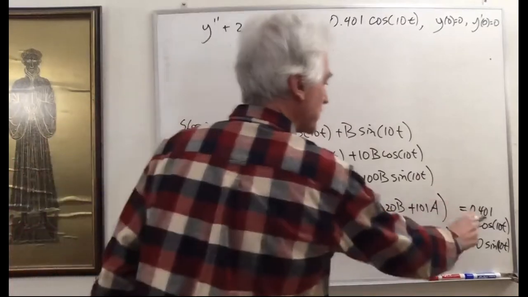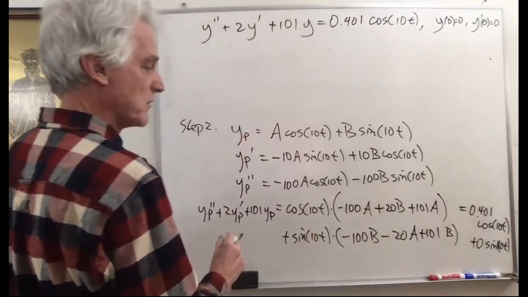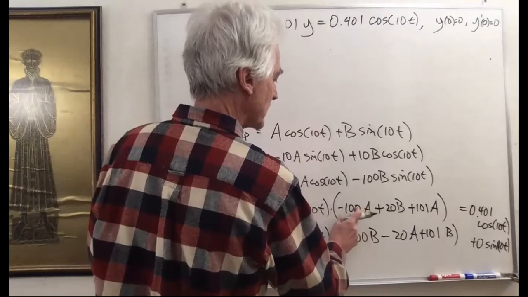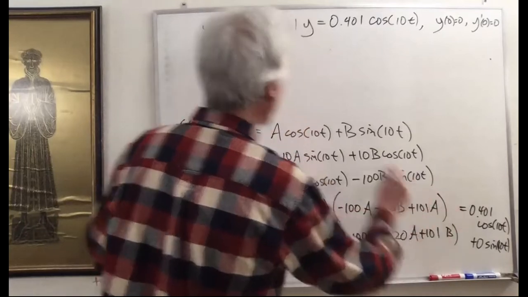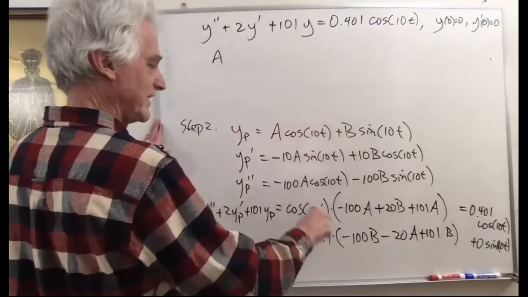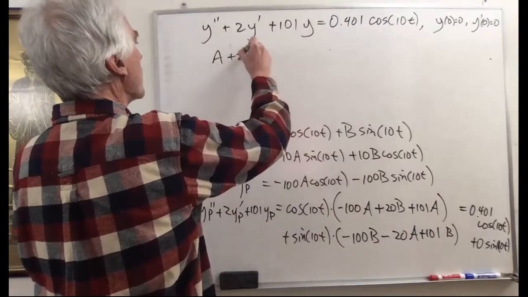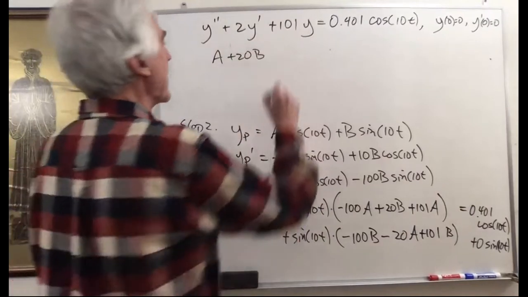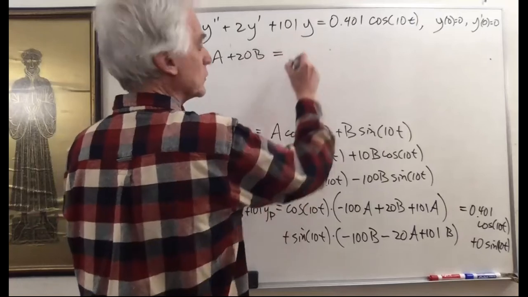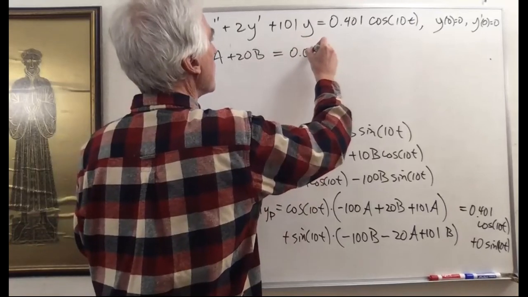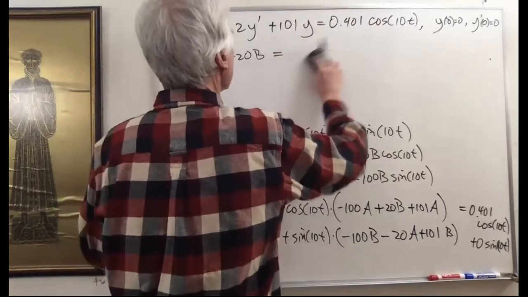The coefficient in front of cosine 10t has got to be the same on both sides. And minus 100a plus 101a is just a, right? So a plus 20b, that I want to set equal to 0.401.